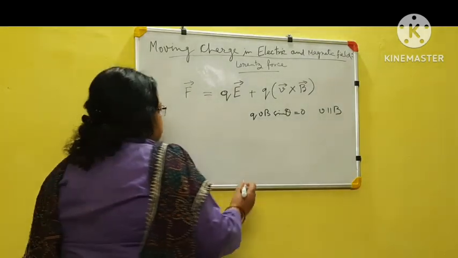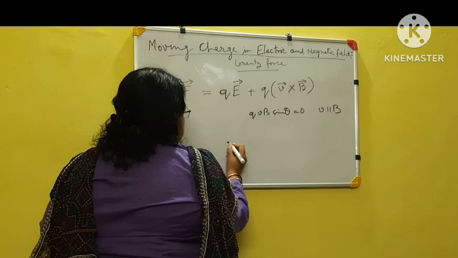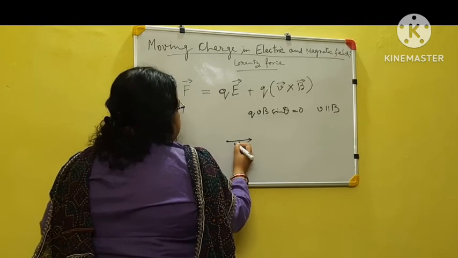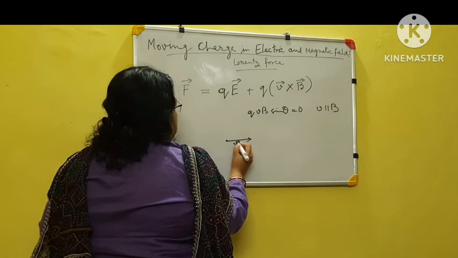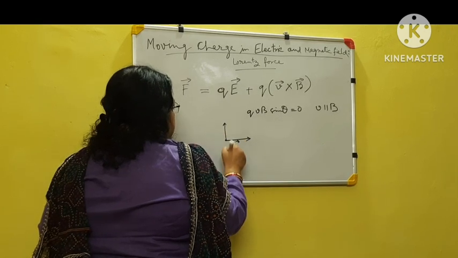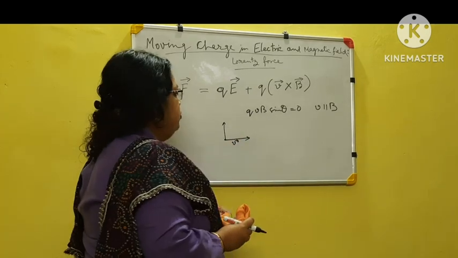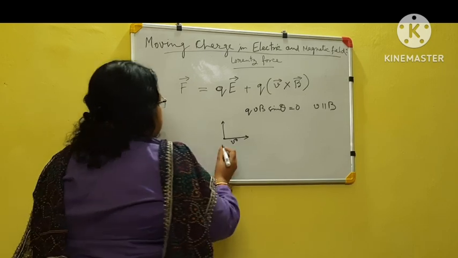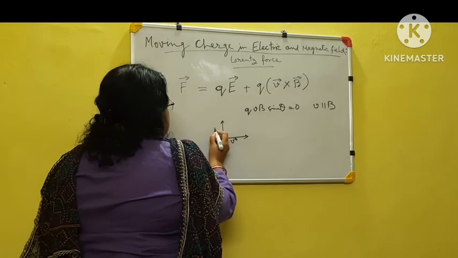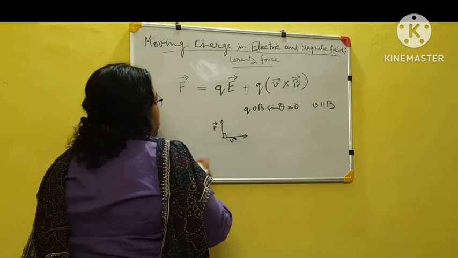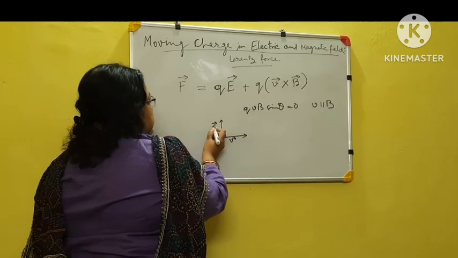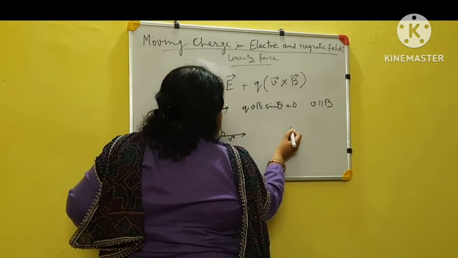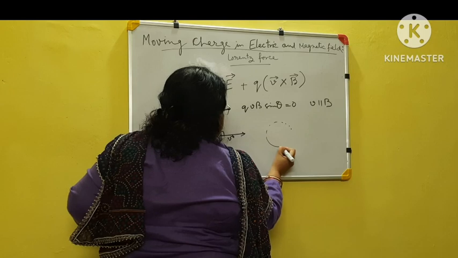Theta equal to 90 degrees means velocity V is in this direction, and by Fleming's left hand rule, as I have shown just now, the force and magnetic field are at 90 degrees. So when theta equals 90 degrees, the force will be along the perpendicular direction of the velocity. So what will happen? The charged particle will move in a circular path.